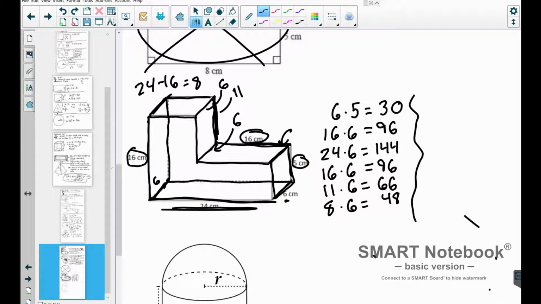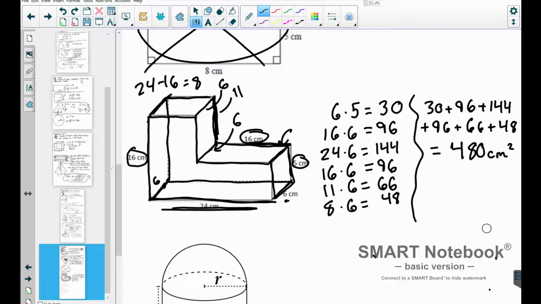So we would have 30 plus 96 plus 144 plus 96 plus 66 plus 48. And if you put that in your calculator, you end up with a total of 480 centimeters squared as your surface area for this shape.